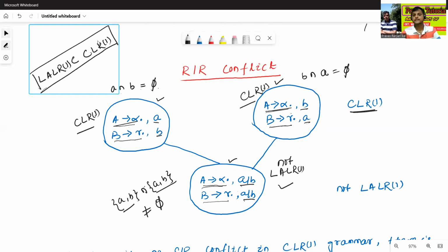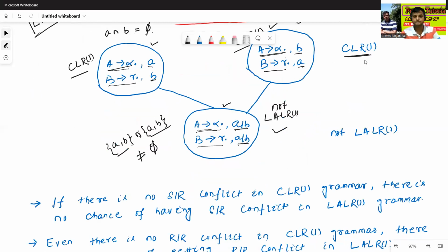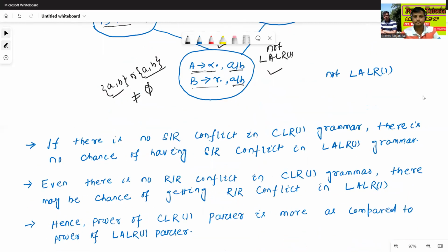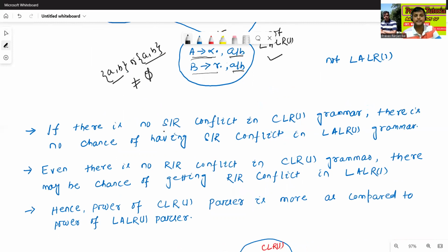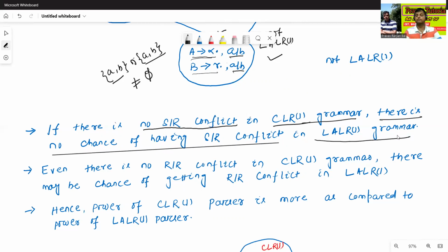Okay, we just see the notes here. If there is no SR conflict in CLR1 grammar, there is no chance of having SR conflict in LALR1 grammar. There is no chance.